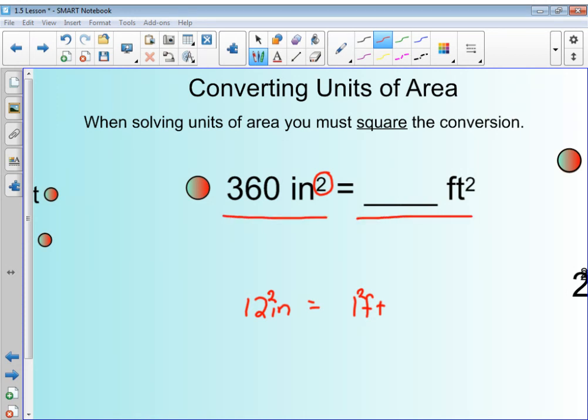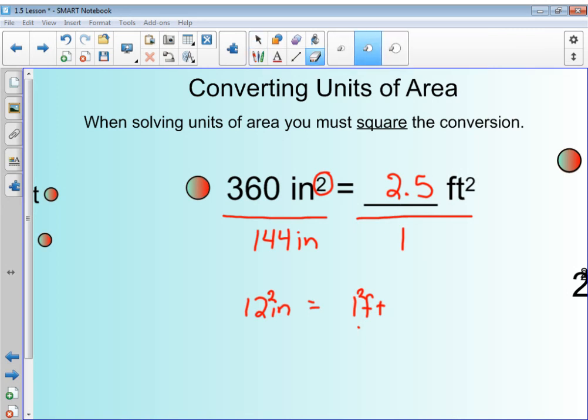So 12 squared is 144, and 1 squared is 1. So now I'll cross multiply divide. So 1 times 360 is 360, divided by 144 gives me 2.5 feet. So 360 inches squared is the same as 2.5 feet squared. Okay, so let's try another one.